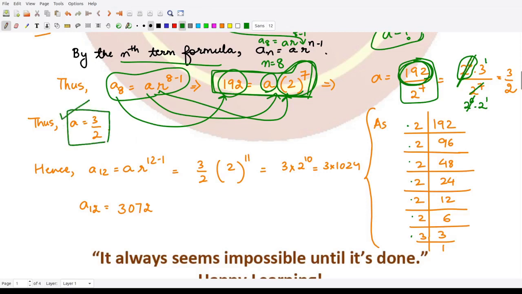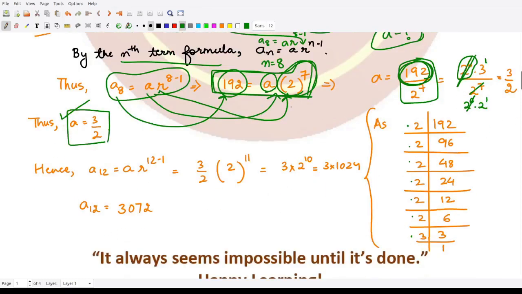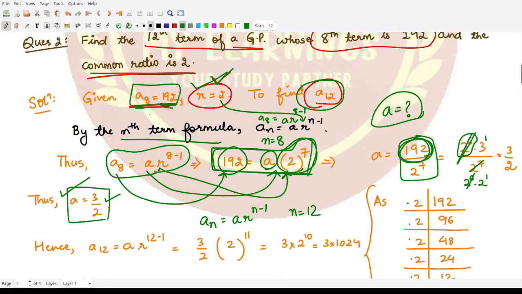Now we have the value of a, and we have the value of r as well. We can very easily compute the value of a12. In the formula a_n is equal to a r raised to power n minus 1, we can substitute n as 12, a as 3 by 2 and r as 2.